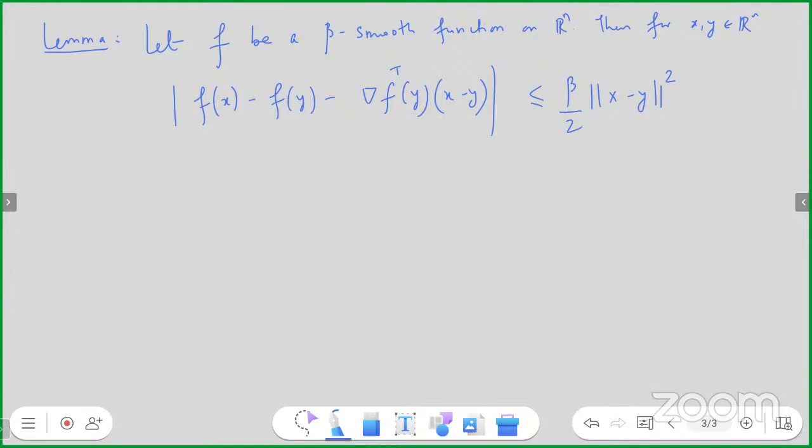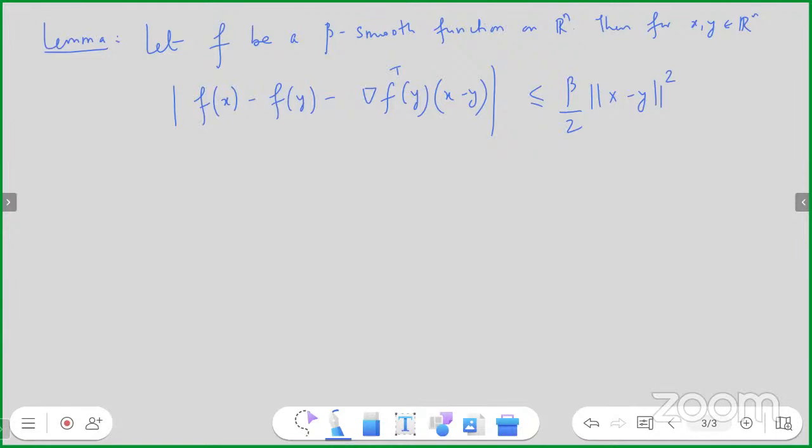See, all I'm given is beta smoothness. So somehow I have to convert this into some gradient of f of something minus gradient of something. Can you think of that? How do you write the left-hand side as gradient of something minus gradient of something? Very roughly, any idea is fine. f of x minus f of y, by x minus y.